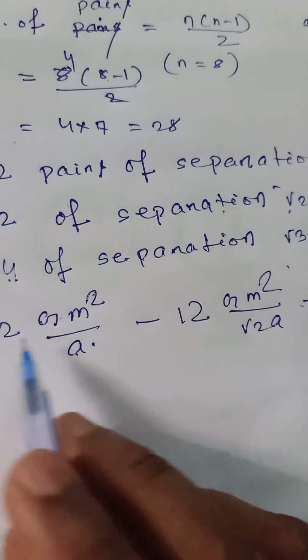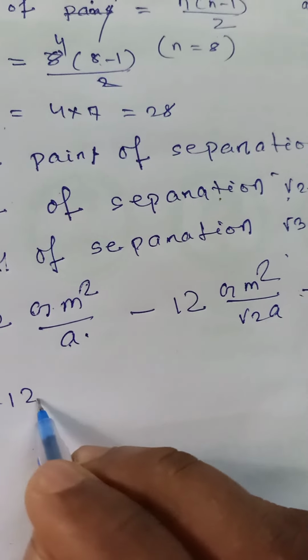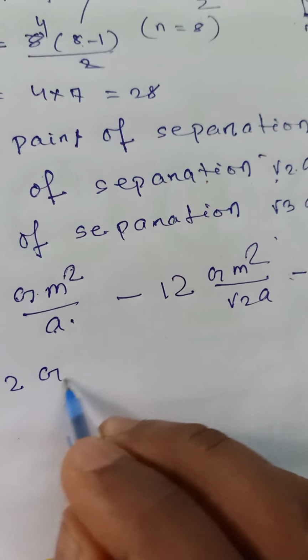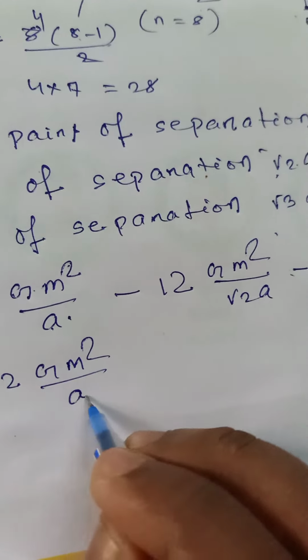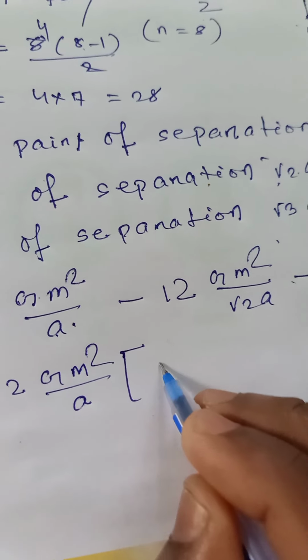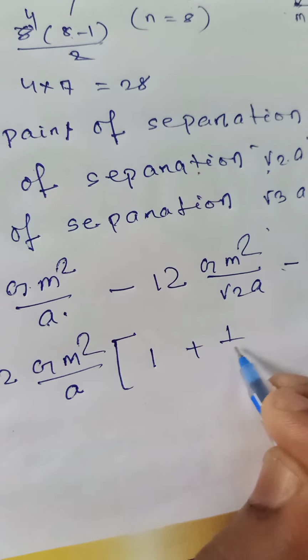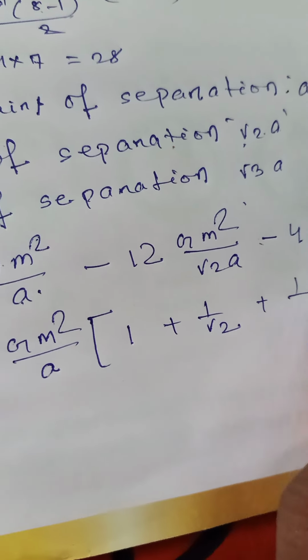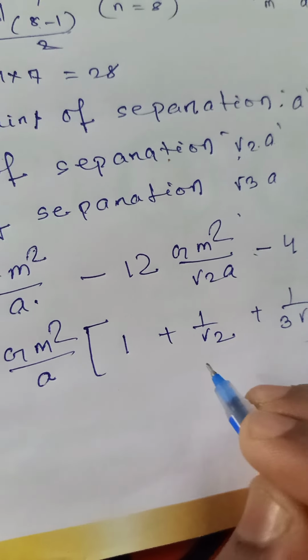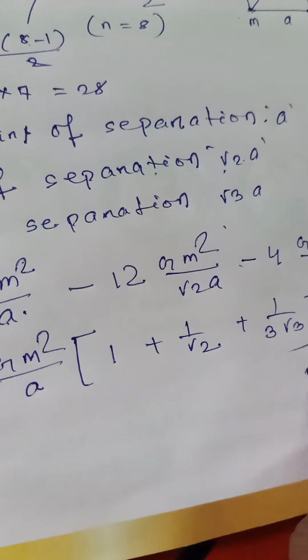Now taking 12 G m squared divided by a common, we get 1 plus 1 by root 2 plus 1 by 3 root 3. So this much is your answer.